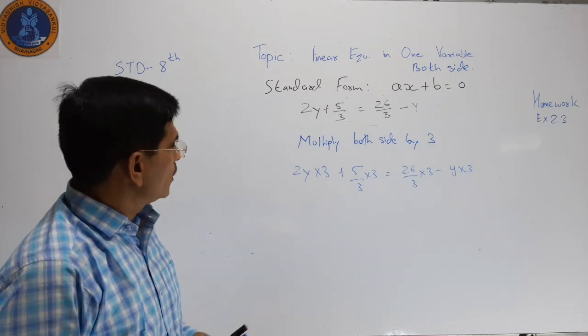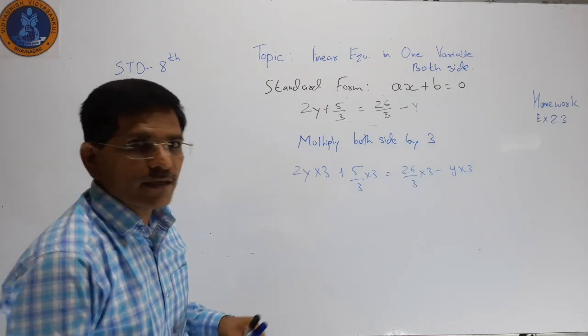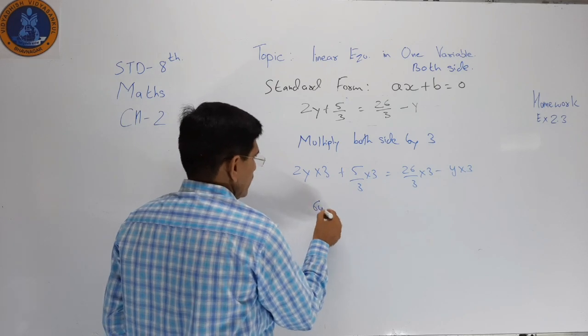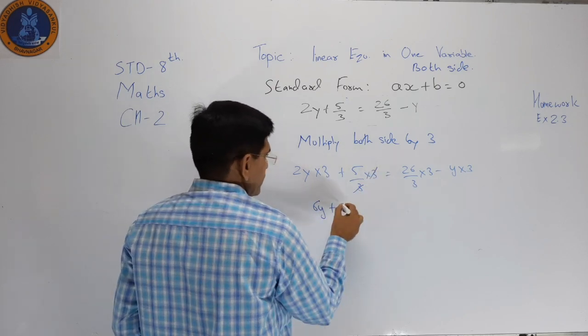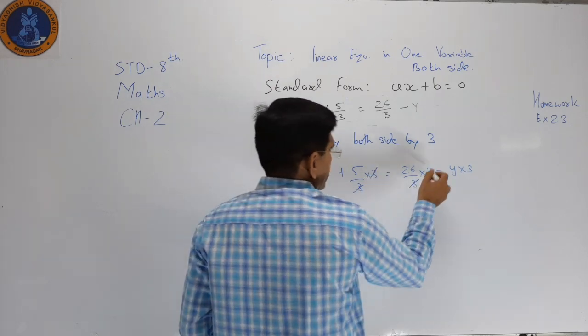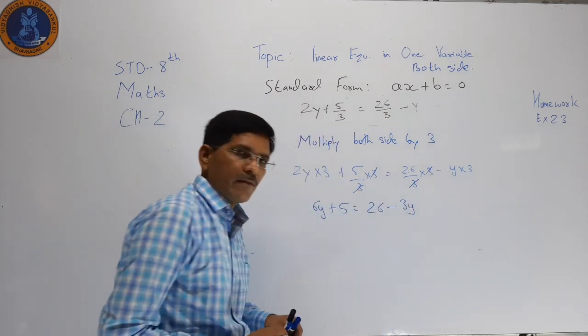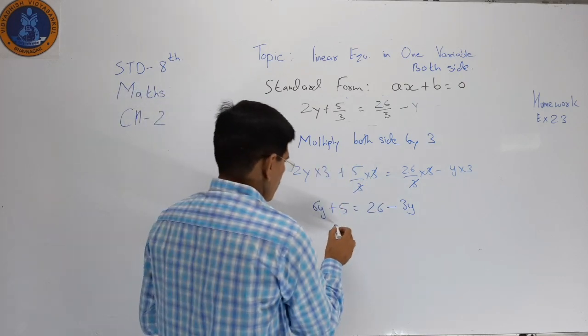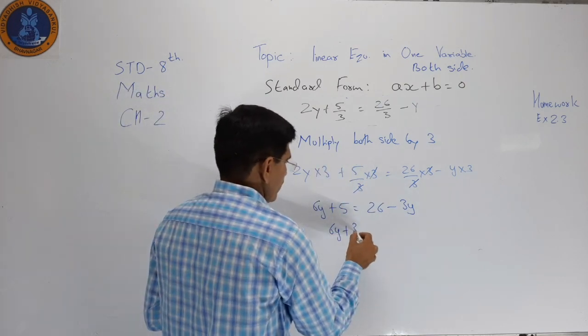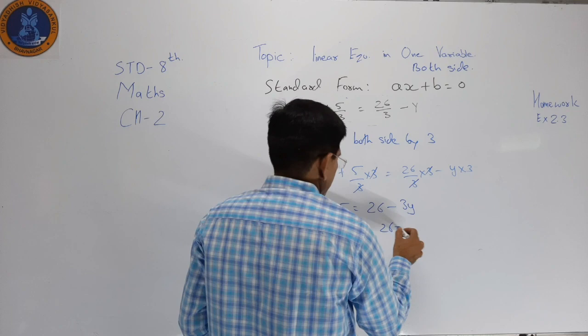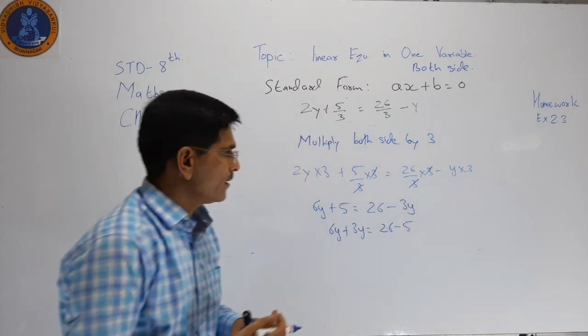Now 3 2s are 6y. Here these 3s cancel, so 5. Here these 3s cancel, so 26 minus 3y. Now for the variables we have 6y plus 3y is equal to 26 minus 5.